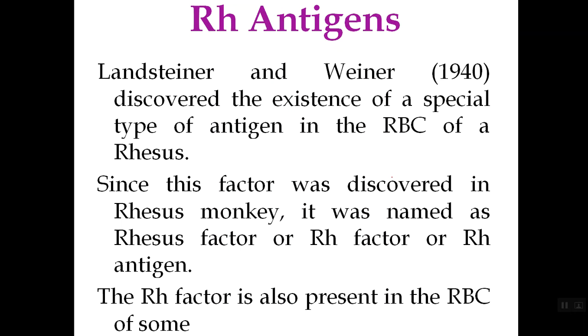That is due to the Rh antibodies raised in the first pregnancy or during the first delivery. And this antibody, once formed, remains in the Rh negative person's body throughout life. So that is regarding the Rh antigens.